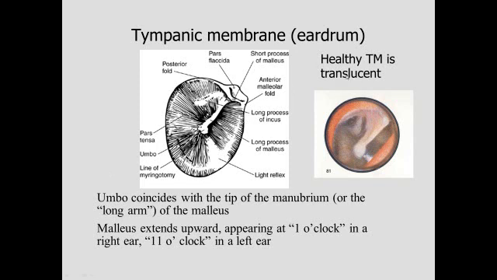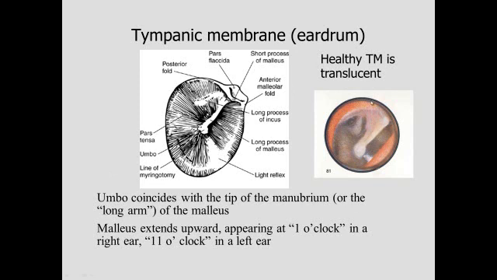Again, the healthy tympanic membrane, or TM, is translucent. You can actually tell which ear you're looking in just by observing the orientation of the malleus. So in this ear, the malleus is at 1 o'clock. We're looking at a right ear.